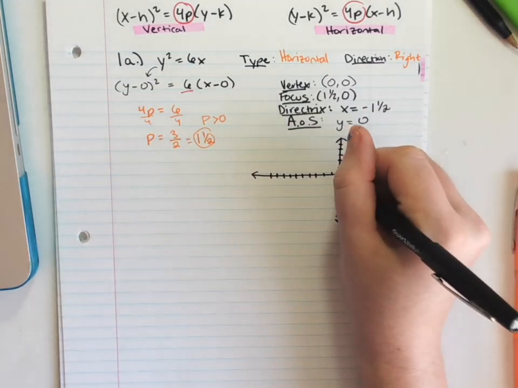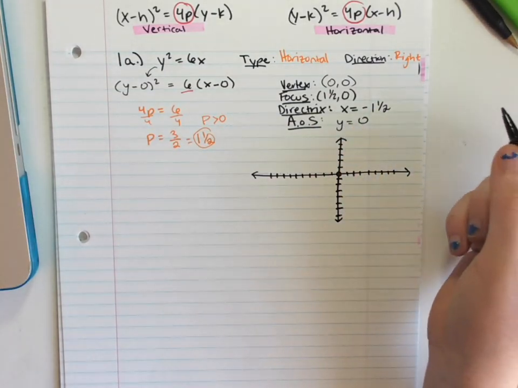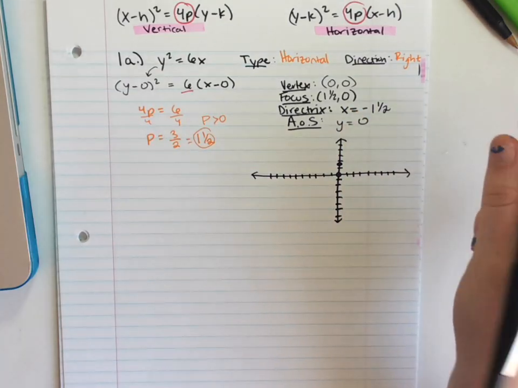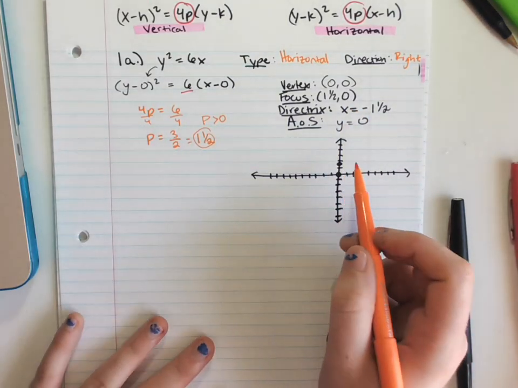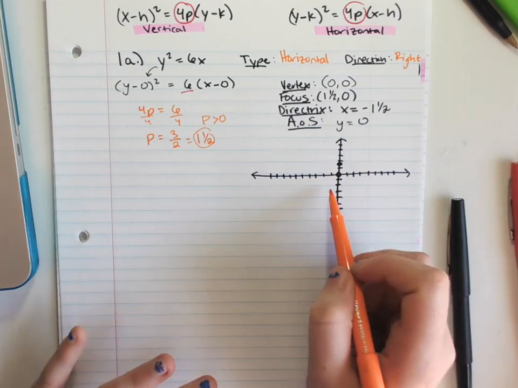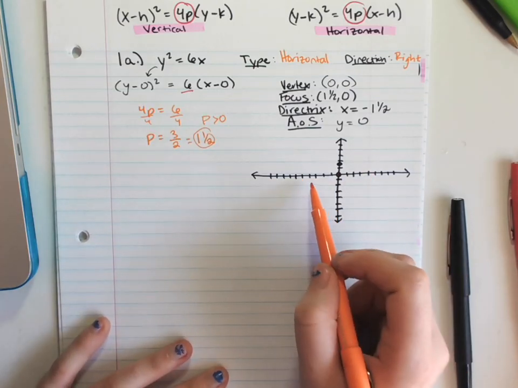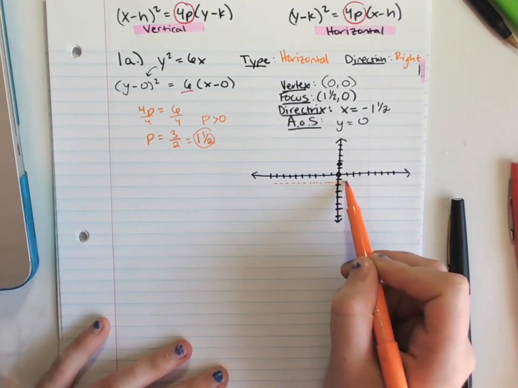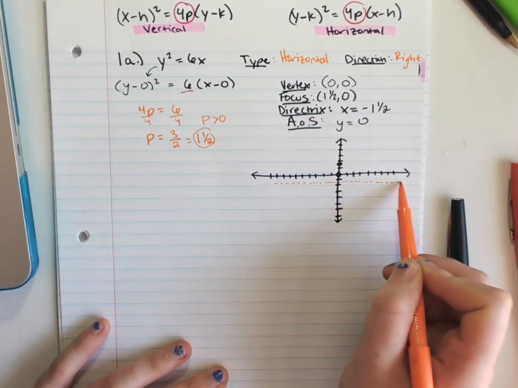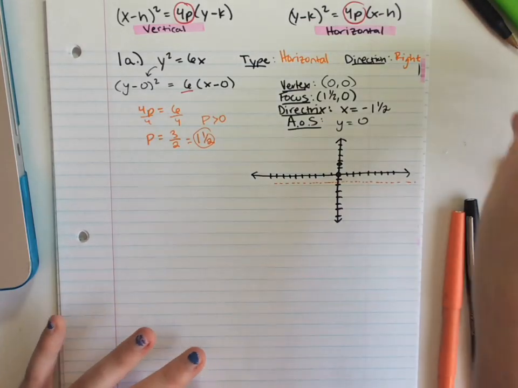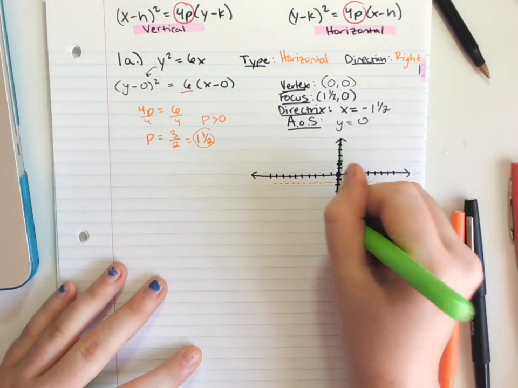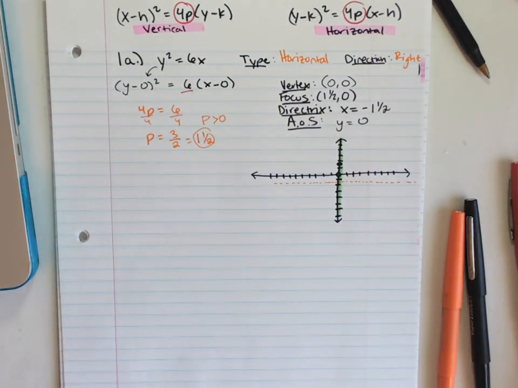All right, vertex is at 0, 0. We have a focus at 1.5, 0. A directrix at negative 1.5, so that is like right here. And there. I'm going to zoom in so you guys can see that a little bit better.